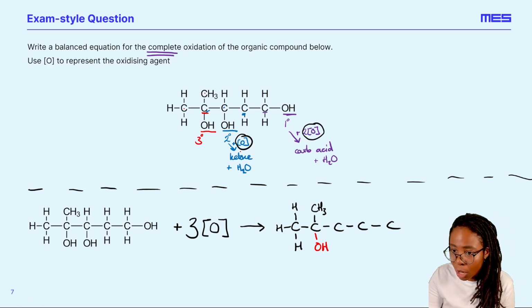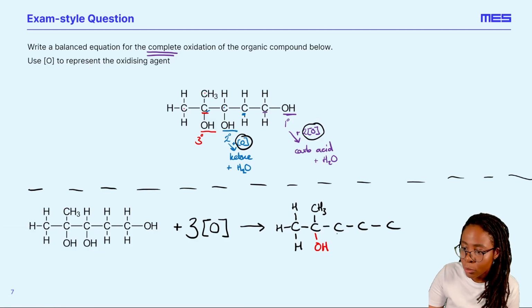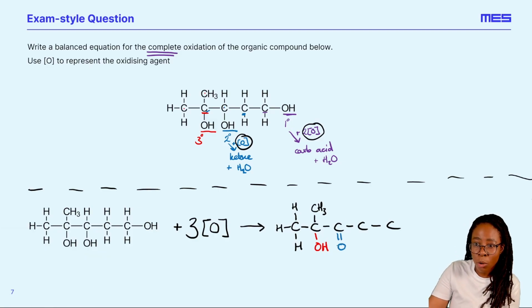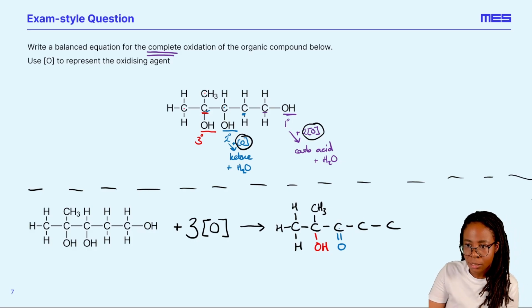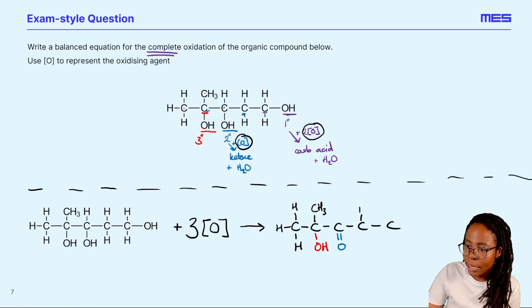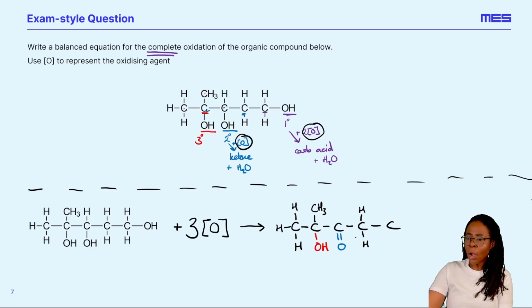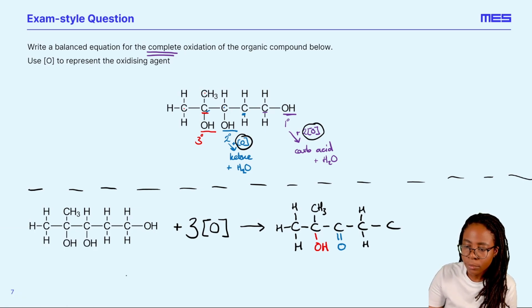On our next carbon, though, the secondary alcohol is going to be oxidized to a ketone. So we're going to need to change that to a C double bond O. Careful not to add too many hydrogens. This carbon now has got all of the bonds that it needs. Let's keep moving across the molecule, CH2. And then for our last carbon, instead of a primary alcohol, we've now got a carboxylic acid.